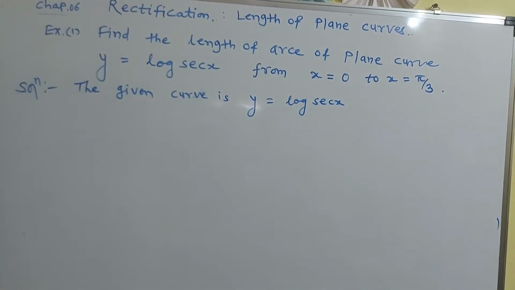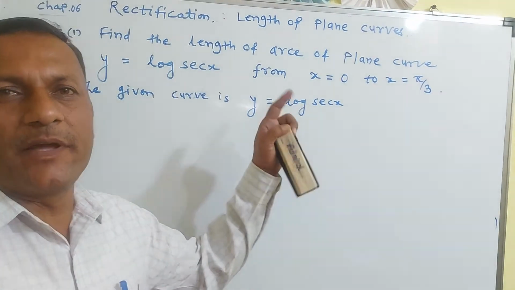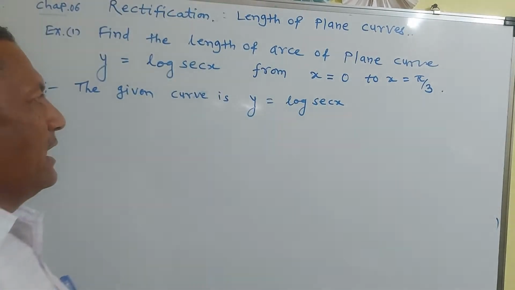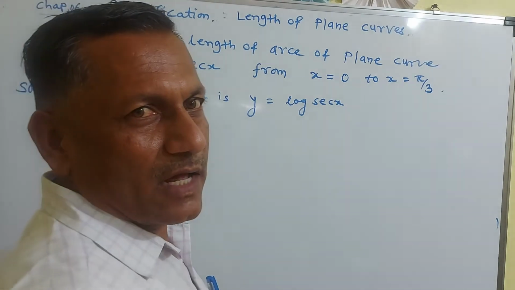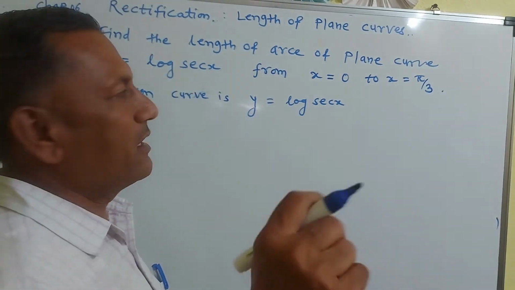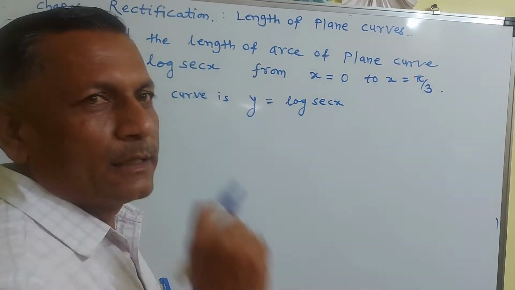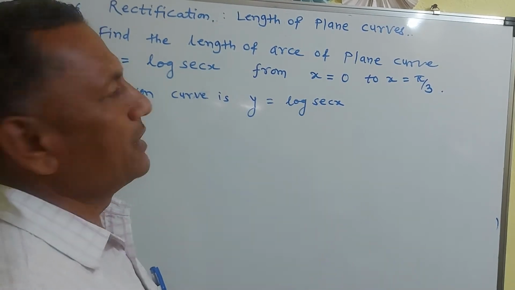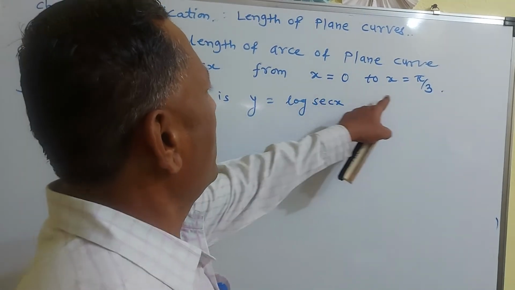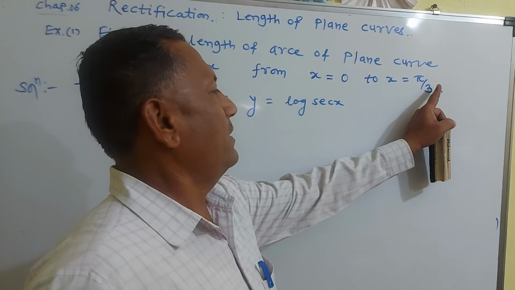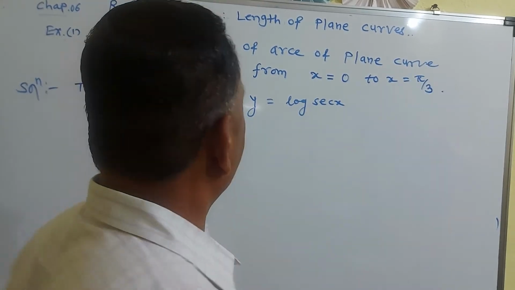Now here the curve is of the type y is equal to f of x, meaning you find dy by dx, and use the formula root of 1 plus dy by dx square, integration with respect to x, integration going from a to b. Here a is 0 and the other x coordinate is pi by 3.